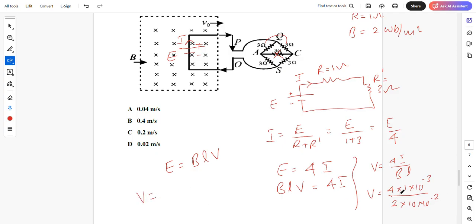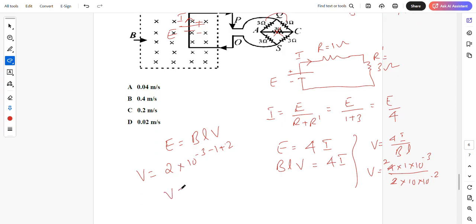So V will be equal to 2 into 10 to the power of minus 4 plus 2.